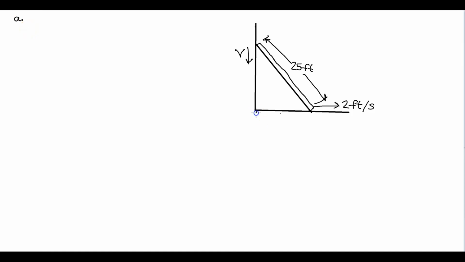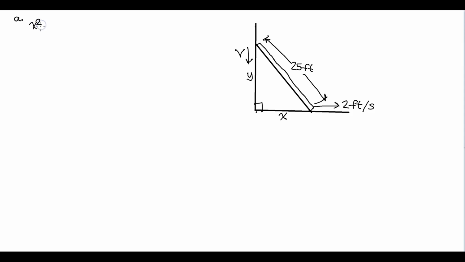When this X is 7. So let's call this X and let's call the vertical distance Y. This will be a right angle, so you could easily see a connection between X and Y.